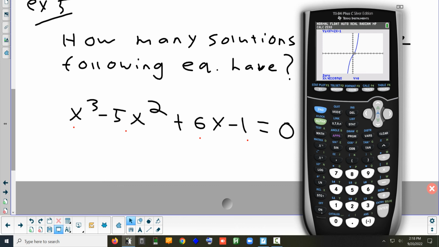Okay, so we're going to go to y equals. Actually, clear the old one first, and then you said type in what? X cubed. Got it. Minus 5x squared. Plus 6x. Plus 6x minus 1. Type that whole thing in.